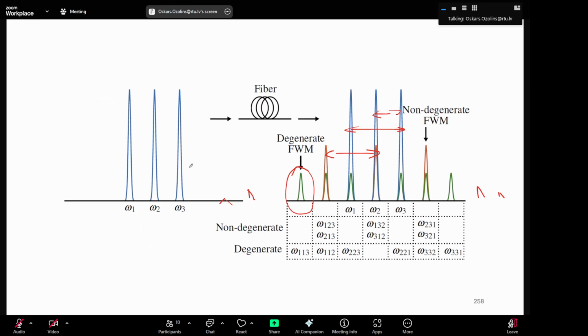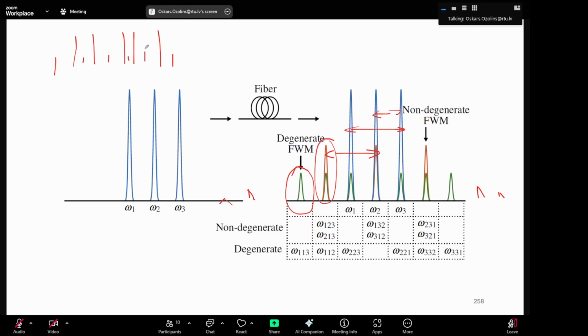So one clever way to solve this problem was to put multiple channels, but you put one here, you put one here, and then put one farther, closer, like this. And if you design these channels in a specific non-even way, then you can land all these components somewhere here in the middle.